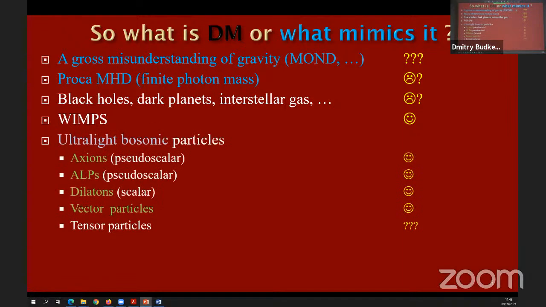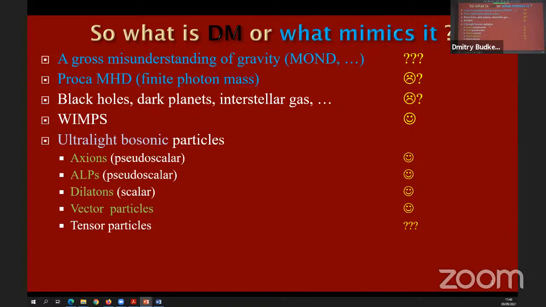And I guess the next important class of possible dark matter particles are ultralight bosonic particles. And we will discuss why, if they are ultralight, they have to be bosonic, maybe in the beginning of the next hour. And they come in different varieties based on their spin and internal parity.